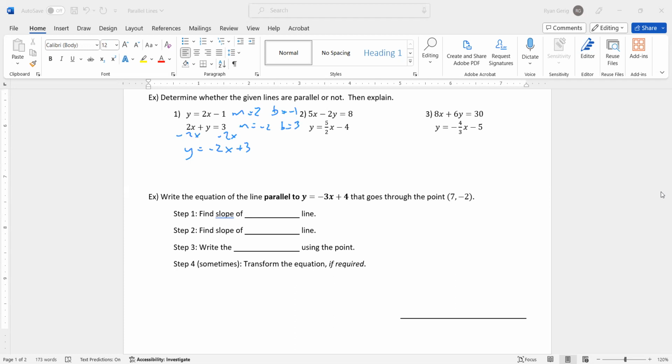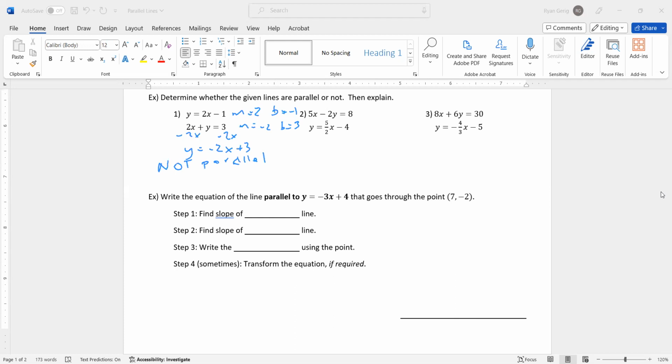Now, I have a lot of people who look at this and they say, oh, it's 2 and -2. Those are basically the same. No, they're not. 2 and -2 are different numbers. The slopes are not the same. These are not parallel. Why? Because the slopes are not the same.